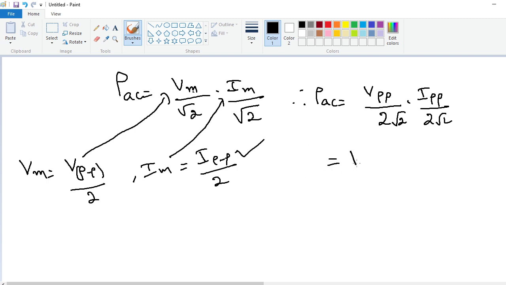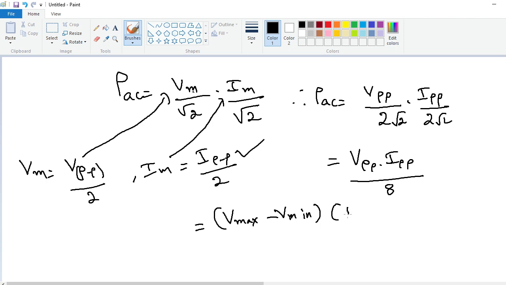So finally, V peak to peak into I peak to peak divided by 8. What is peak to peak value? V maximum minus V minimum into I maximum minus I minimum divided by 8. This is the AC power.